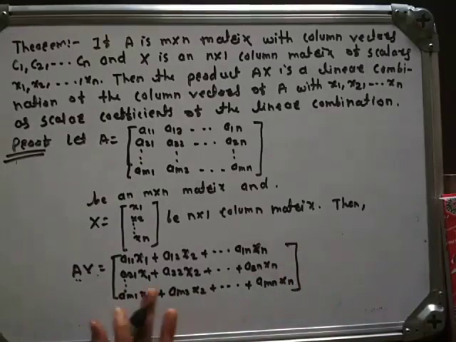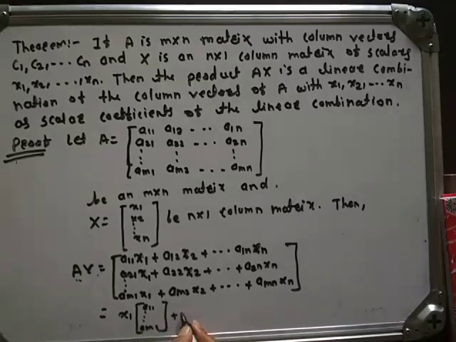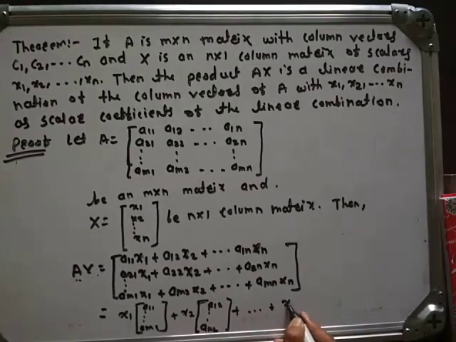This is A into X. This can be written as x1 into the column A11 up to Am1, plus x2 into the column A12 up to Am2, and so on up to xn into the column A1n, A2n and so on up to Amn.